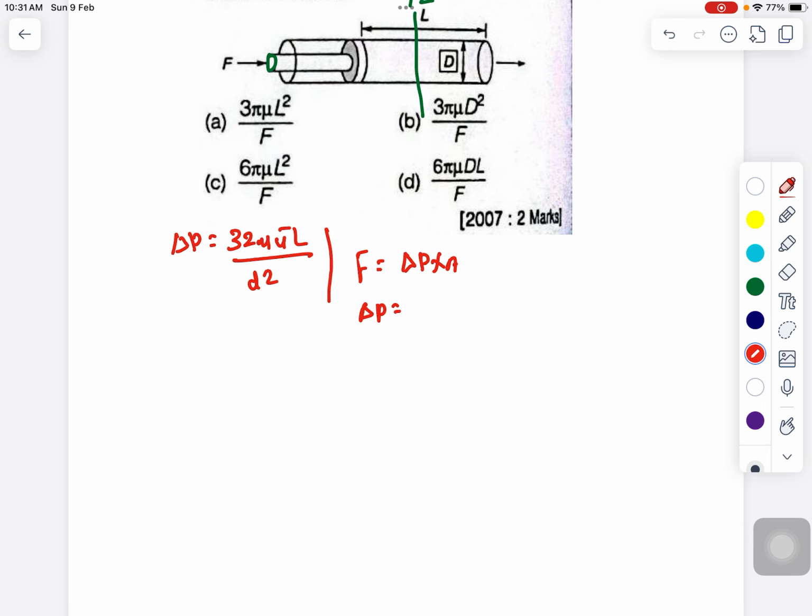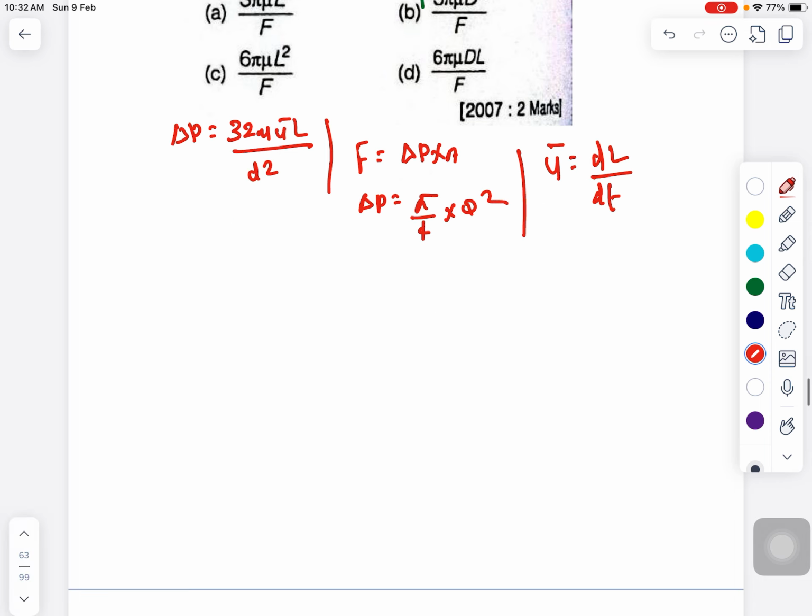So ΔP can be written as, area equals pi by 4 into d square. Okay, and average velocity can be written as dl divided by dt. All of these things we have written.